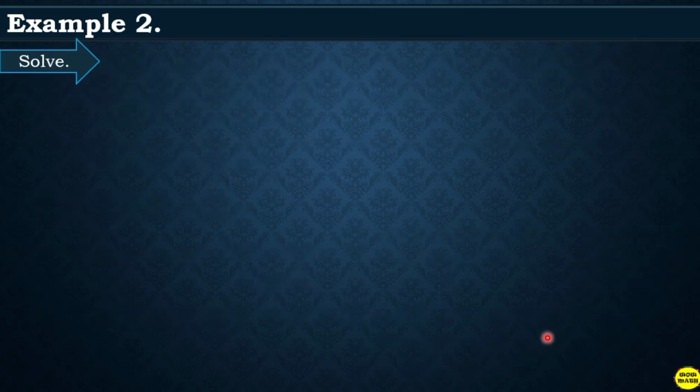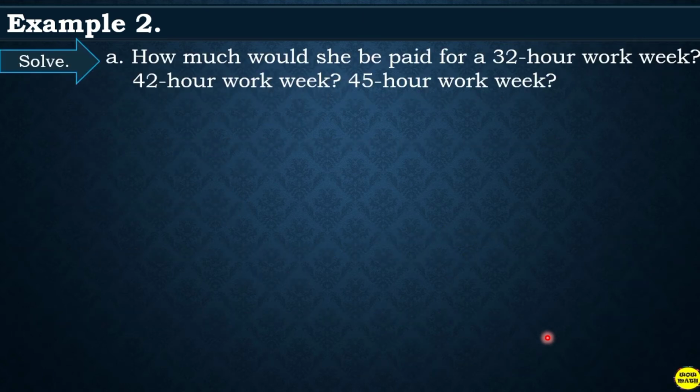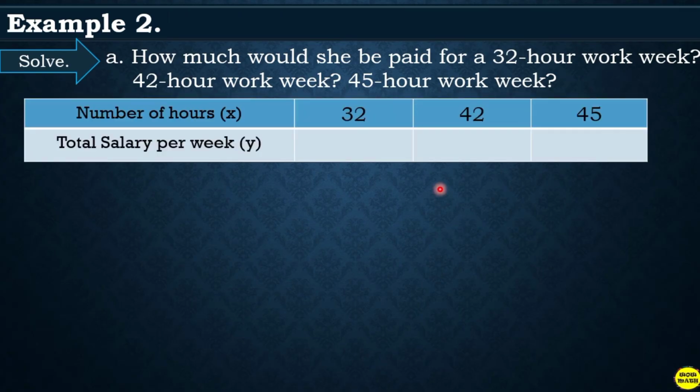Okay, let us solve. So, the first question is, how much would she be paid for a 32-hour work week, 42-hour work week, and 45-hour work week? So, tatlo ang hinahanapin natin. Okay? So, let us show the given data using a table.